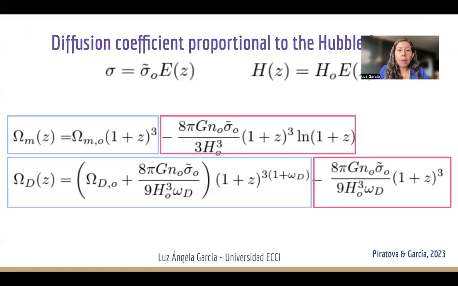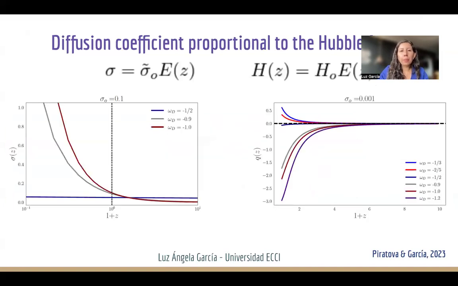So in blue, I'm highlighting the energy fractions that we can consider proportional to what we get in the solutions in the standard model with lambda or dark energy. And in the magenta lines, I'm showing a term that can be considered as a perturbative term and could be quite interesting if we want to consider the perturbations in these kinds of models.